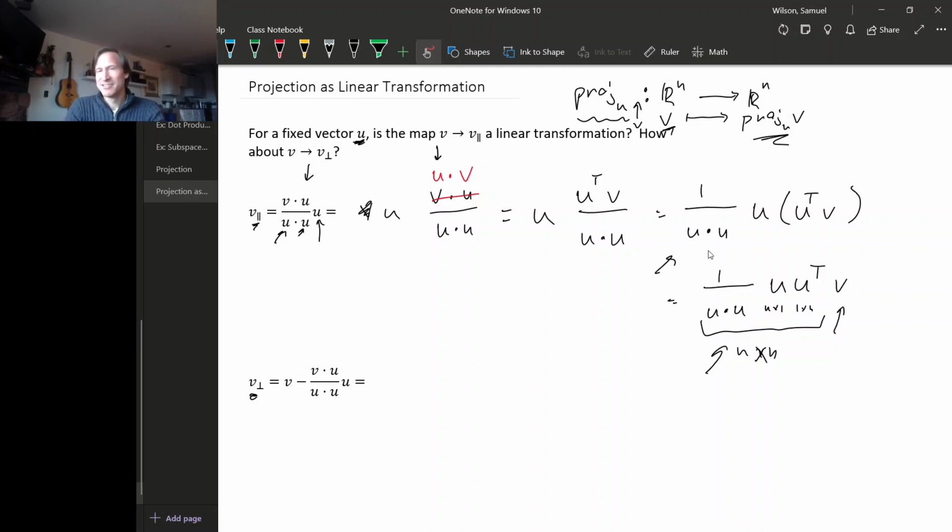And in fact, not only did we show that it's linear, we have an explicit formula for the matrix that does this projection. It's just 1 over the magnitude of u squared times u transpose. I think this is maybe the first time where the transpose of a matrix has come up in a natural way.